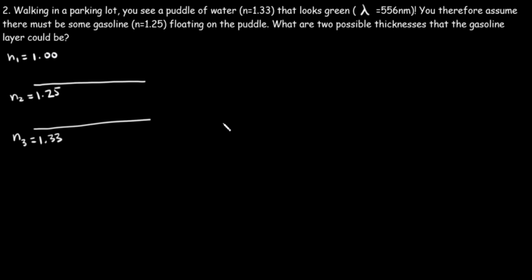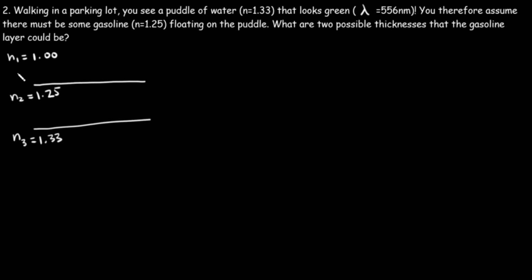Okay, now it's also giving you the wavelength. So is this wavelength the air or the oil? So I thought it was the oil because it says it looks green, but you can't actually observe the oil if you're in the oil. So it's talking about the wavelength that you're observing that is looking green.